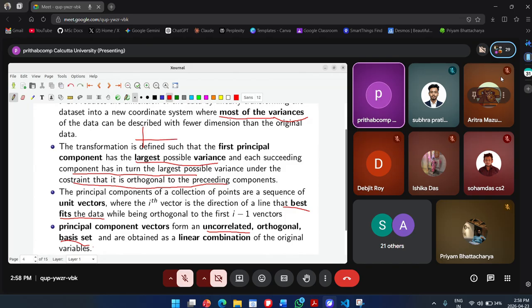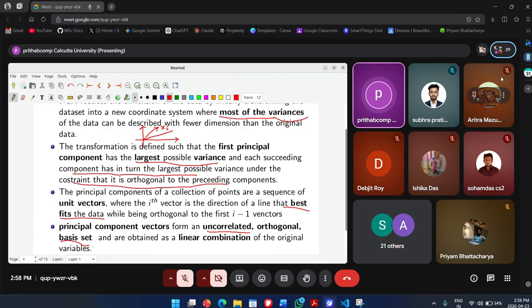This is the coordinate system, and you have a point here which is xi. We are talking about two-dimensional vectors for ease of visualization.